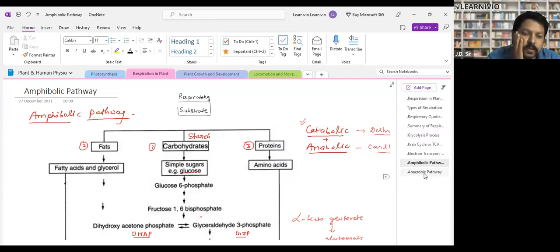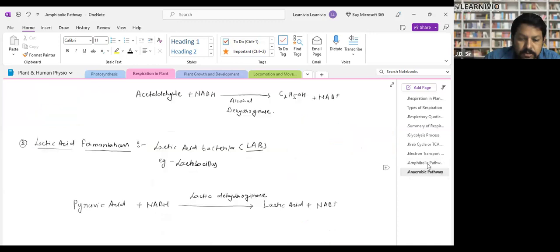Rather than a sketch, I would call it a skeletal or schematic diagram. So either you will get to draw the amphibolic pathway, or the most favorite question of the teacher: describe that the respiratory pathway is not a catabolic pathway, it's an amphibolic pathway. And the last one is done.